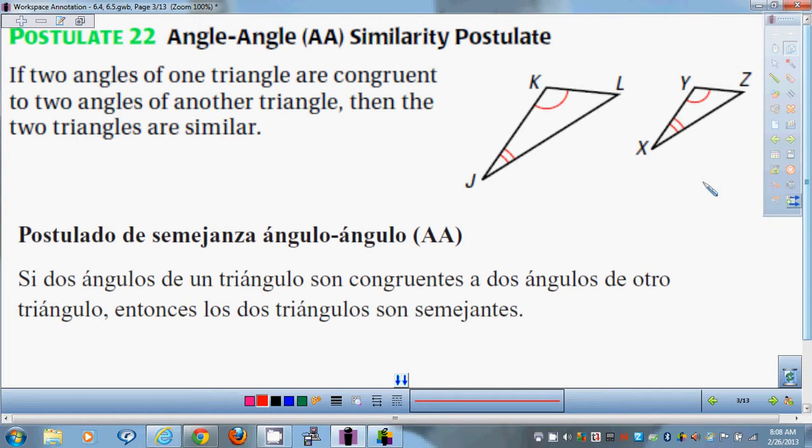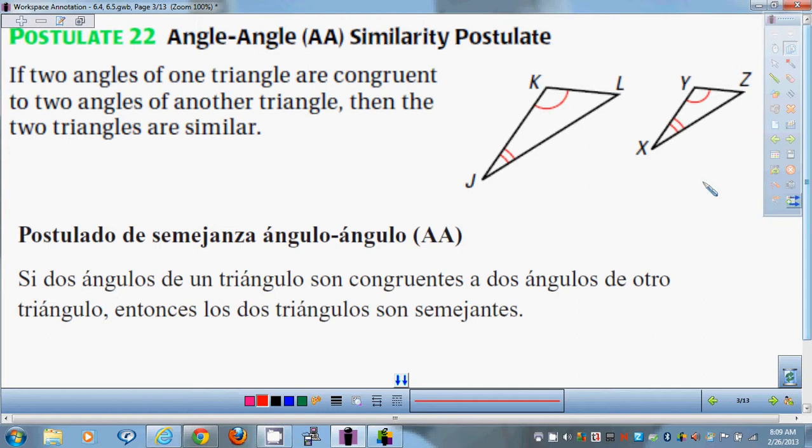Why do you think it's only necessary to know 2 of the angles? Why not all 3? Who can tell me? Why isn't it necessary that we know all 3?